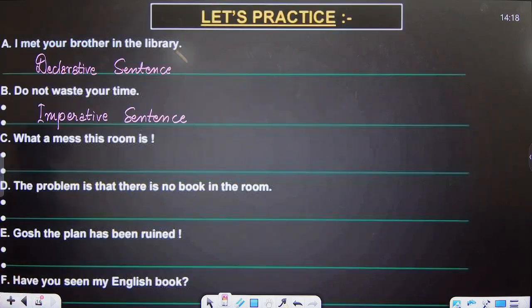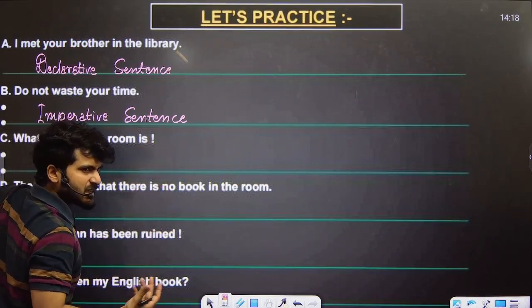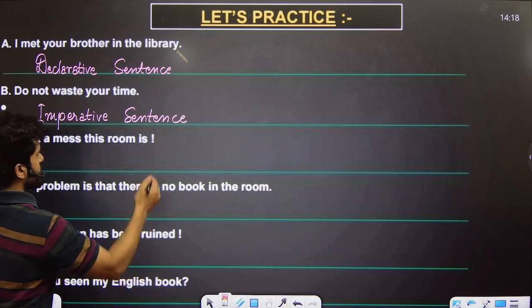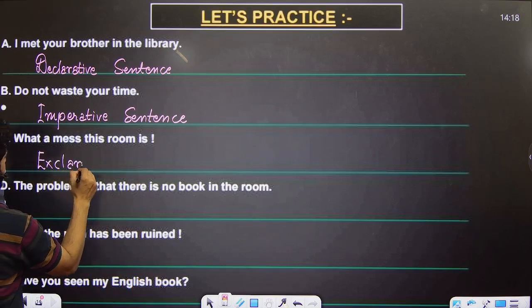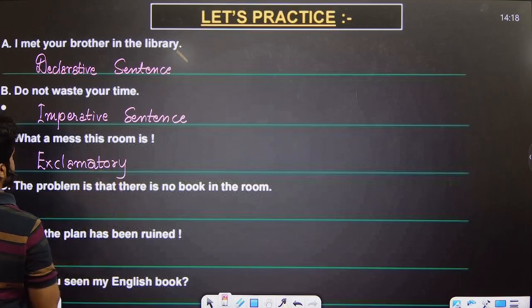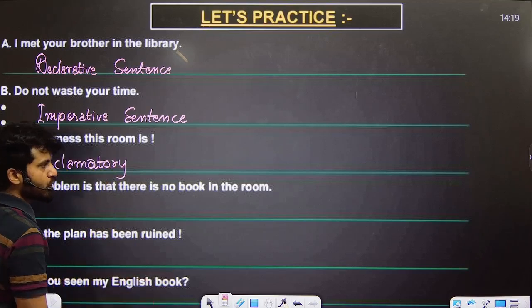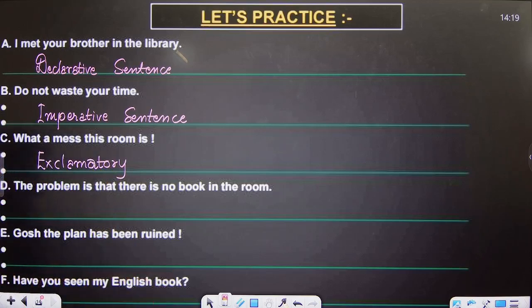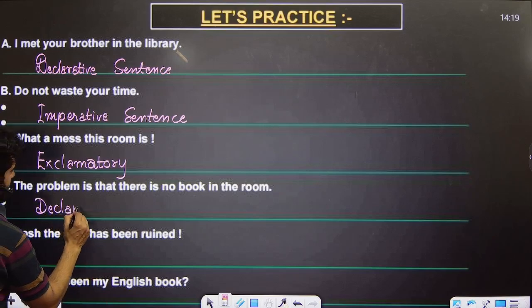Don't get confused. What a mess this room is. Expression, sudden expression. Kitna ganda room hai ye. Okay, so that is your exclamatory. The problem is that there is no book in the room. ये इंफॉर्मेशन प्रोवाइड कर रहे हैं, है ना, वहां पर कोई भी बुक नहीं है. दैट इज डिक्लेरेटिव.